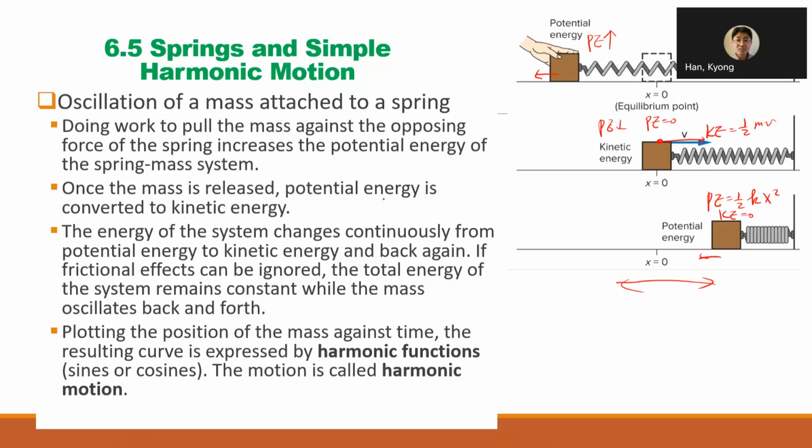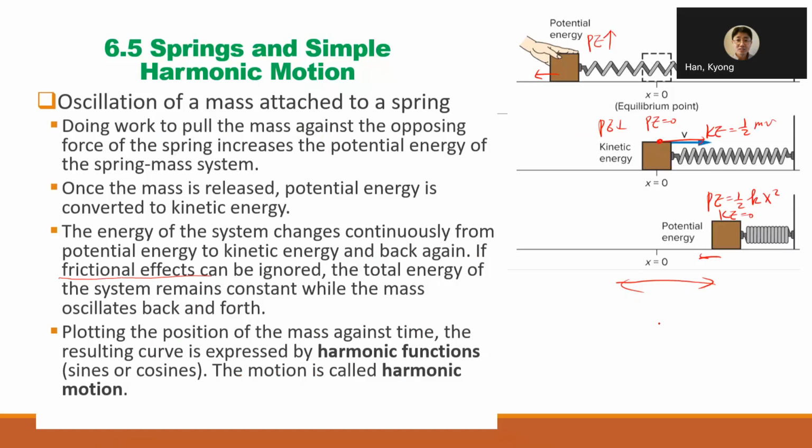Once the mass is released, potential energy is converted to kinetic energy. The energy of the system changes continuously from potential energy to kinetic energy and back again. If frictional effects can be ignored, the total energy of the system remains constant while the mass oscillates back and forth. Plotting the position of the mass against time, the resulting curve is a harmonic function, and the motion is called harmonic motion.